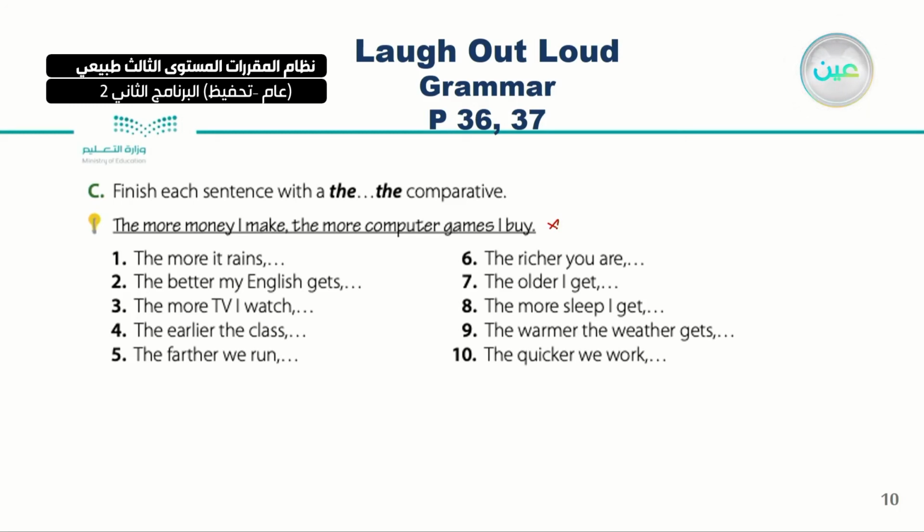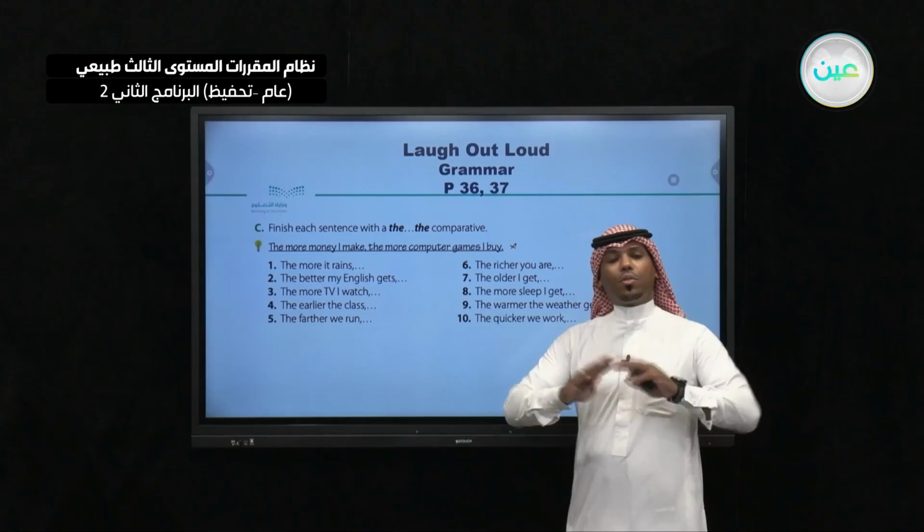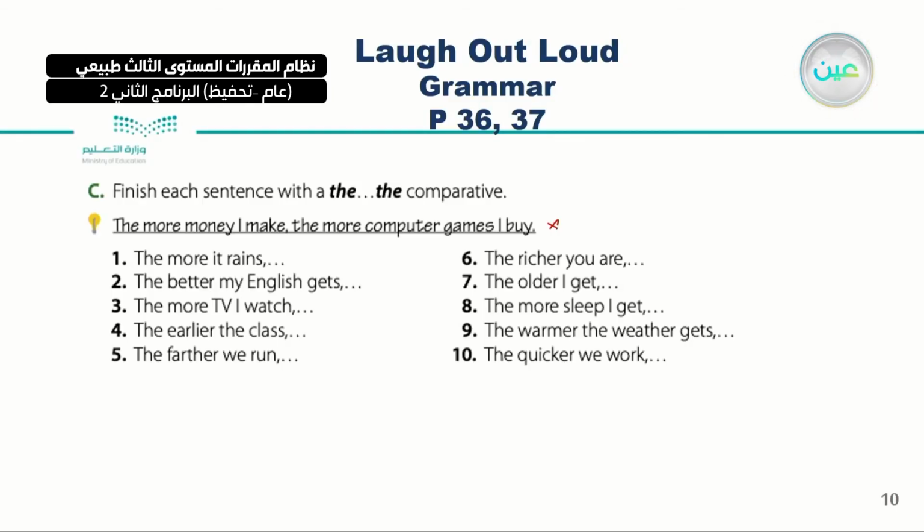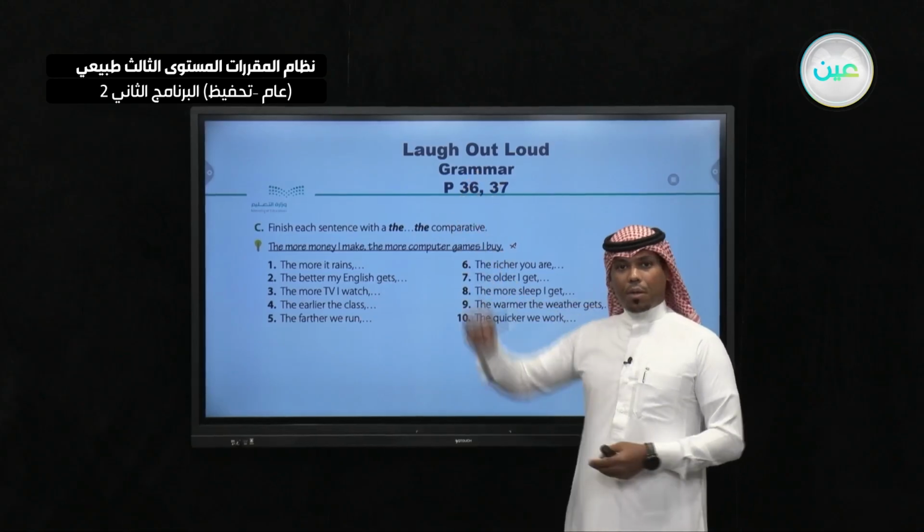Now you have 10 sentences. It's up to you to find the other part of each sentence. Of course, I will show you what I mean, because sometimes you need help with these sentences. For example, the more it rains, the greener it becomes. Or if you have a plant, my plant will become bigger or taller.